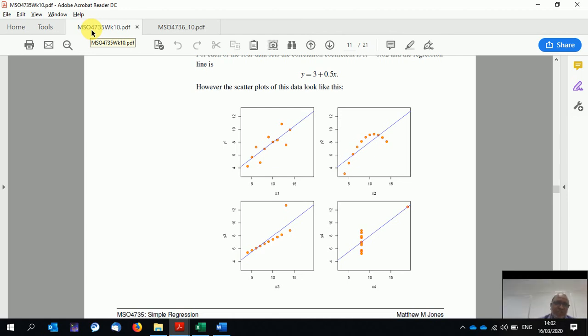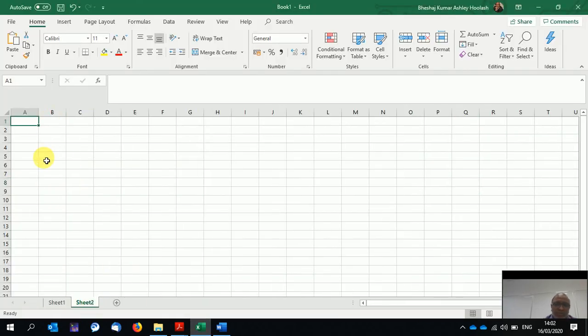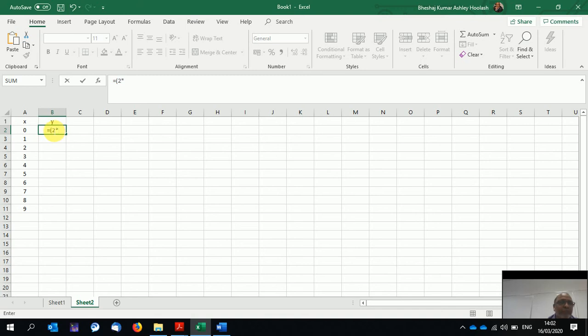I can show that to you with an example quickly. So I can find some values of x, some values of y, and let's quickly take some values. Some y values as well.